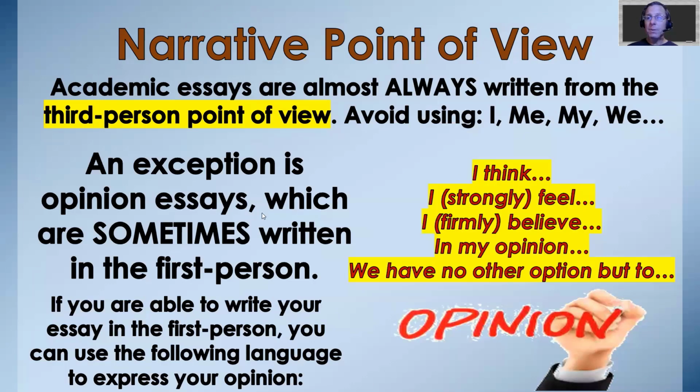You can use language such as, I think, I feel, I believe, in my opinion. If you're writing a persuasive essay and you're calling your audience to action, you might say, we have no other option but to. And don't be afraid to use adverbs like strongly or firmly. They can help to make your opinion seem clearer and a bit more firm.